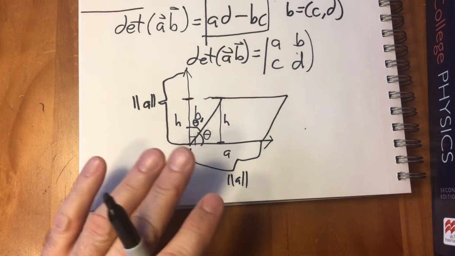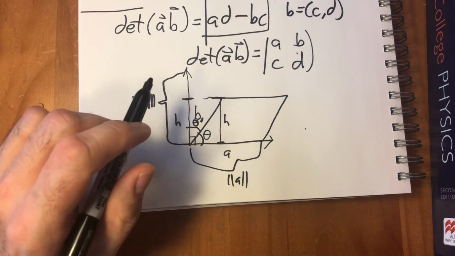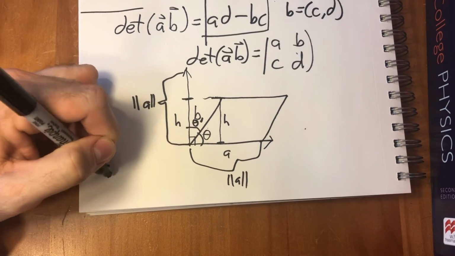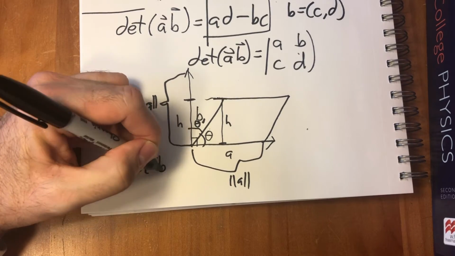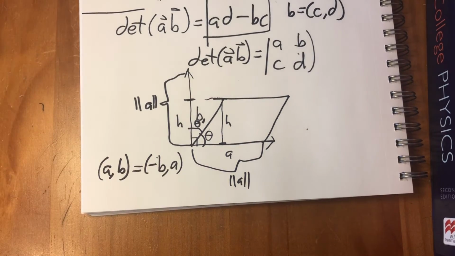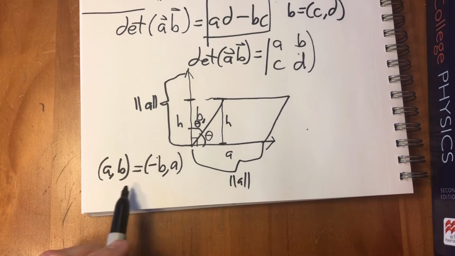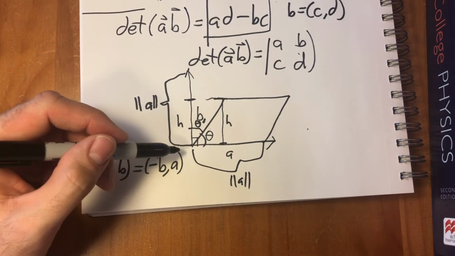So how do you take the perpendicular of a vector? If the vector is A comma B, you just reverse them and make one of them minus, okay? So this is the perpendicular of this. The length is the same, you can tell, because the components are the same, but you go back.